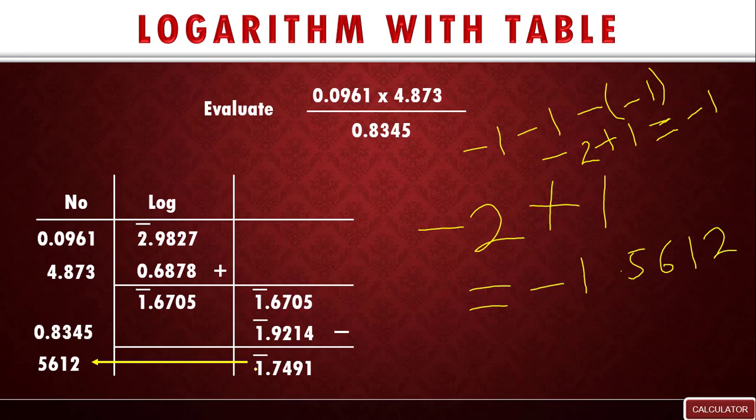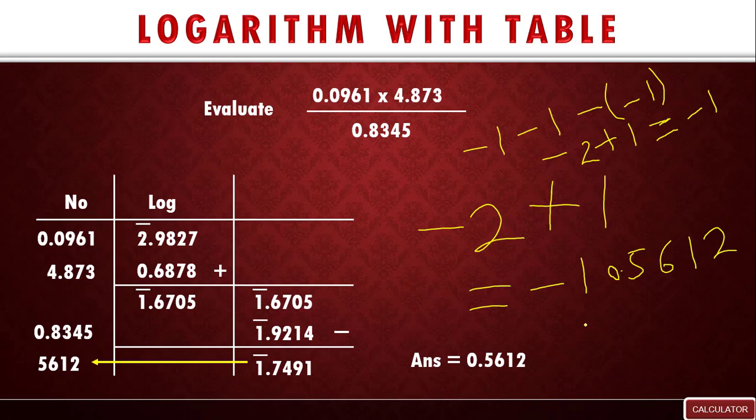If this value is a positive integer, that means we will count to the right hand side. But because it's a negative value, we'll count to the left hand side. And remember that the value it gives us here after adding the 1 to it is 0. That means we are not moving, but to put the decimal here, point, and then we have our 0 here. So our final answer will now be 0.5612.